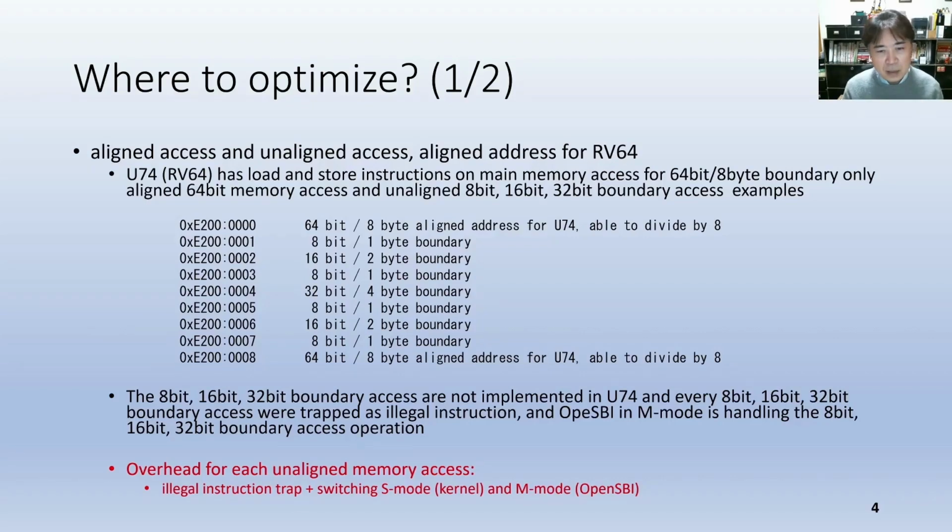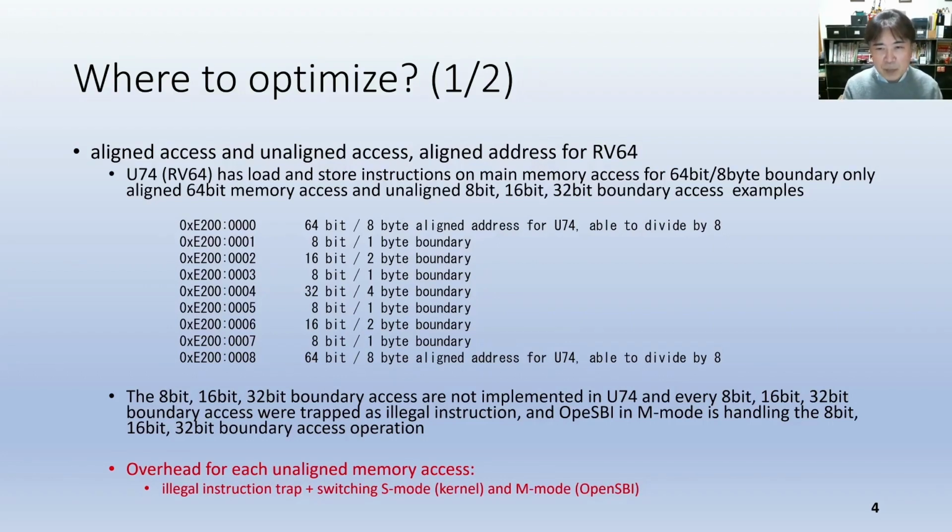The U74 core has load and store instructions to access the main memory, and for 8-byte, 64-bit boundary memory access, it performs very well. I mean, because it's an aligned address and it's supported by the U74 core. However, unaligned addresses for the U74, on 1-byte, 2-byte, or 4-byte boundaries, are not implemented, so they trap as an illegal instruction and are handled inside OpenSBI.